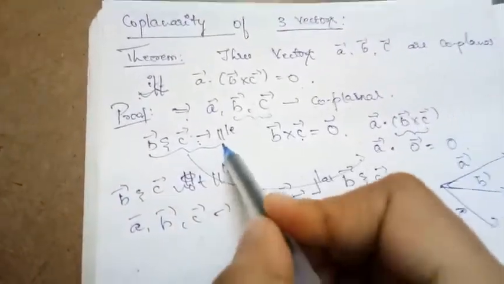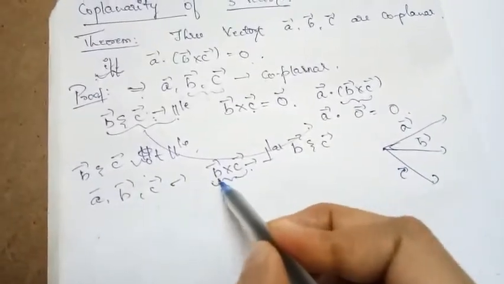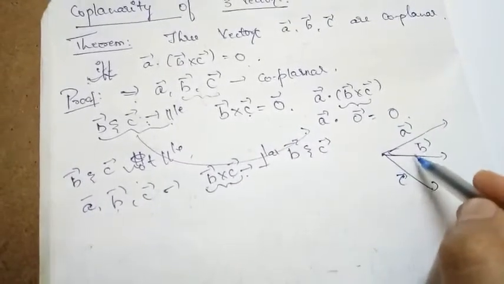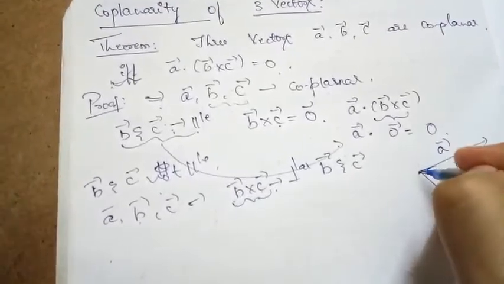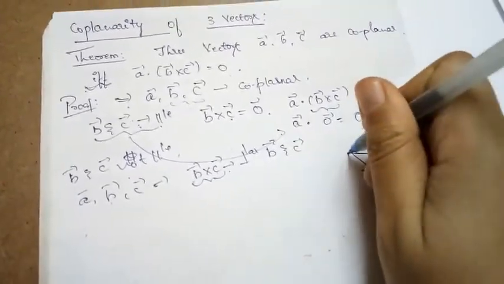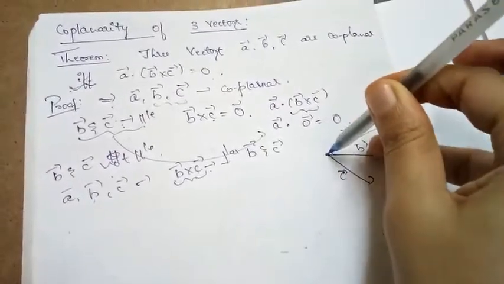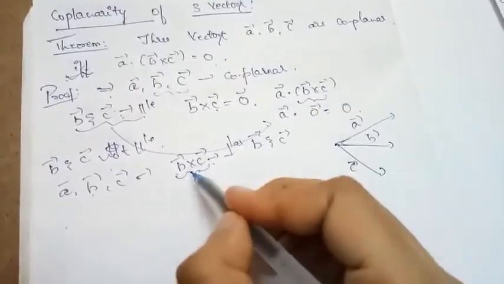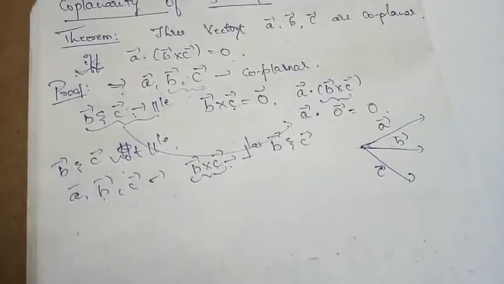Suppose it is not parallel, obviously if I take the cross product of vector B and vector C, whatever the cross product is, it will be perpendicular to both vector B and vector C. Suppose I consider that perpendicular direction is the direction of this pen. So this direction of the pen represents the cross product of vector B and vector C, and it is perpendicular to both vector B and vector C.